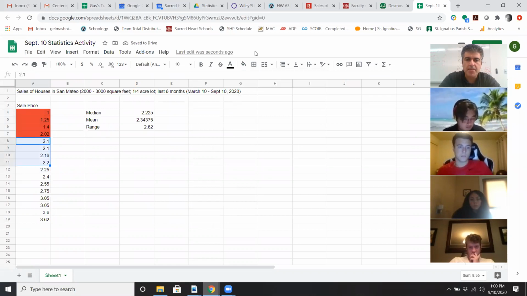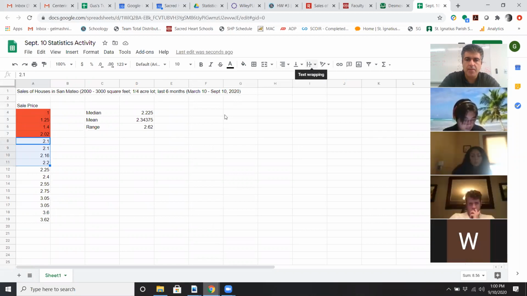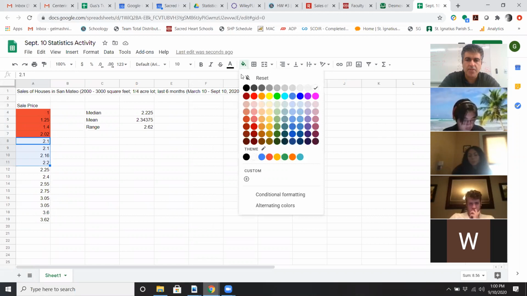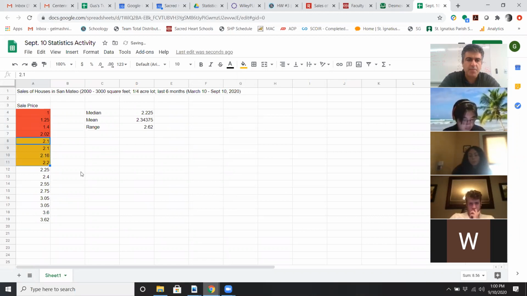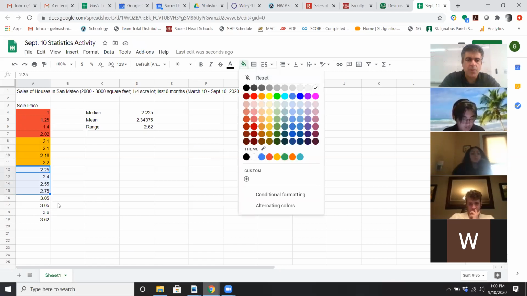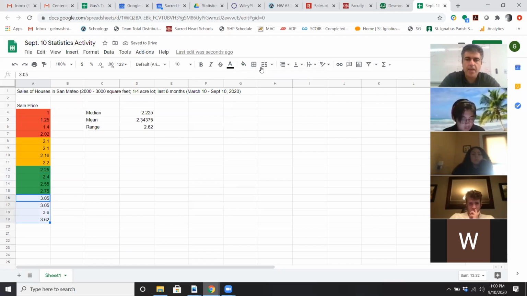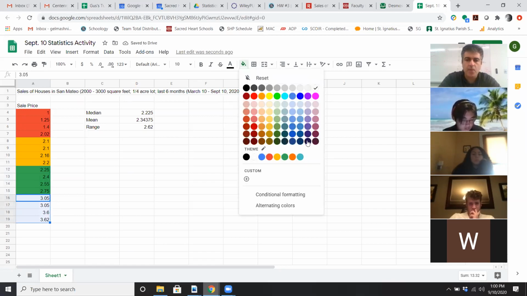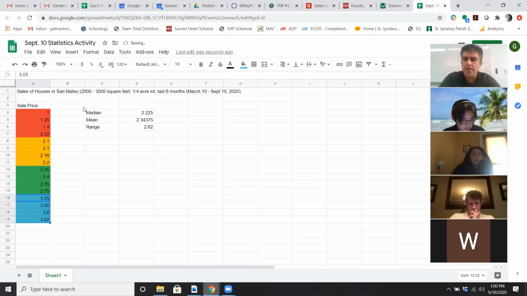This will be my second. Hold on. Guys, Excel, not Zoom. That's my second quartile. That's my third quartile. And that's my fourth. So basically, you're breaking this up into 4 groups.